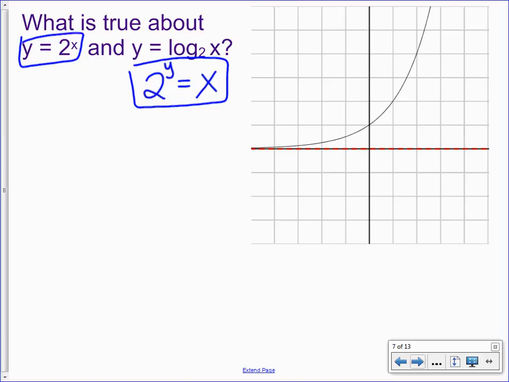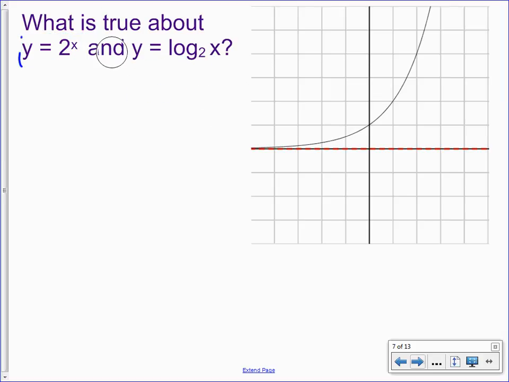What's different between these two? x and y switched places, which means, like Nate said, we have inverse functions. So 2 to the x and log base 2 of x, these two are inverse functions.